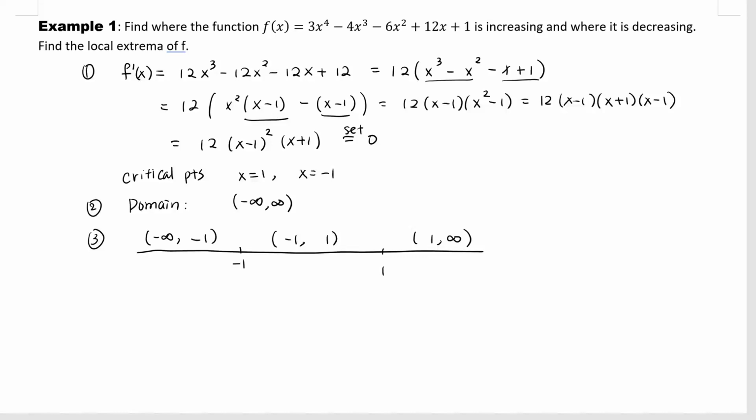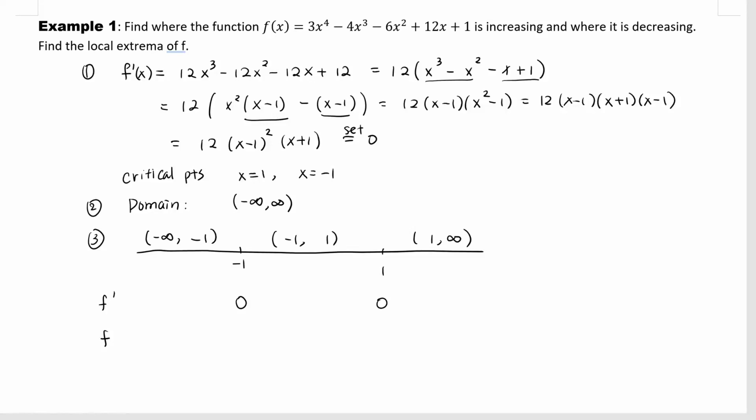What do we want to look at? Imagine this is like a table, and we want to consider f prime and f. We want to consider the values of f prime and f over these intervals and the critical numbers. We know the critical points are 1 and minus 1, which means f prime is 0 at those two numbers.